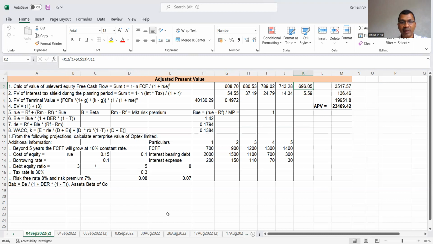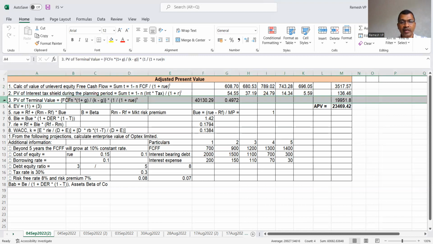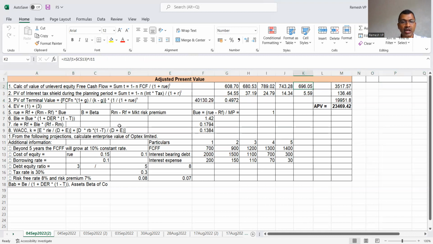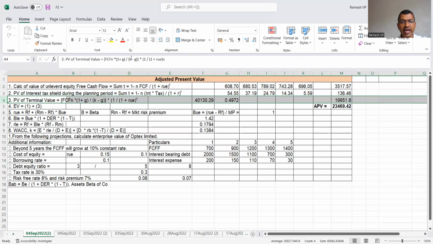divided by K minus G. That is the formula given here. K minus G into 1 plus, again, PVIF factor for the 5th year. So here, for calculating this K, how do you get this cost to the firm?